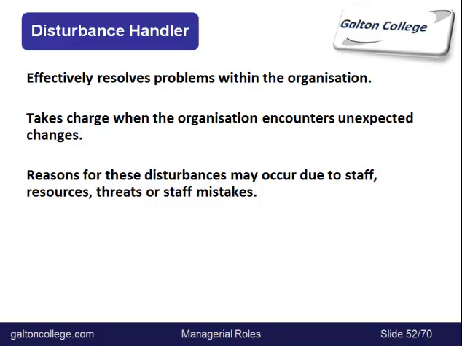It could be that orders placed with suppliers were not appropriate or were wrongly coded, so the wrong materials arrived, or wrong specifications, something of this nature, and the situation has to be retrieved. So the disturbance handler function falls to the manager.